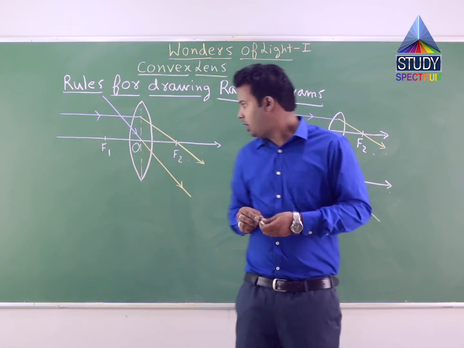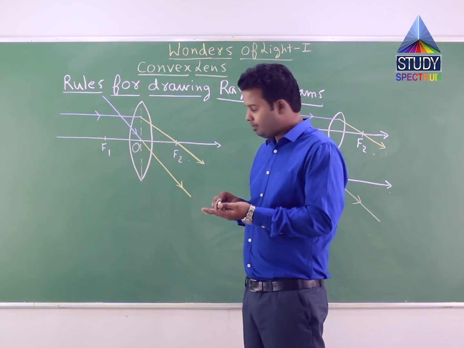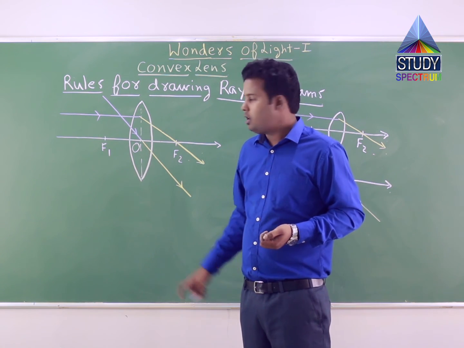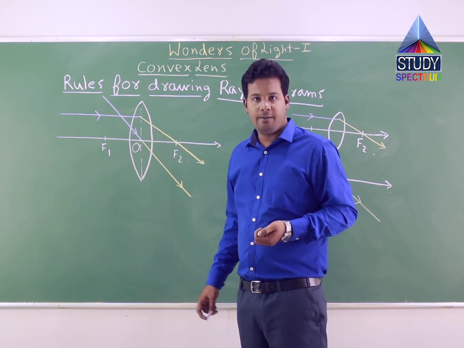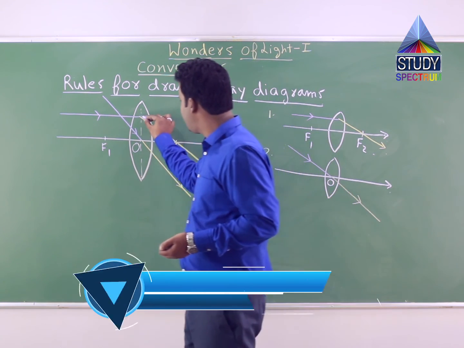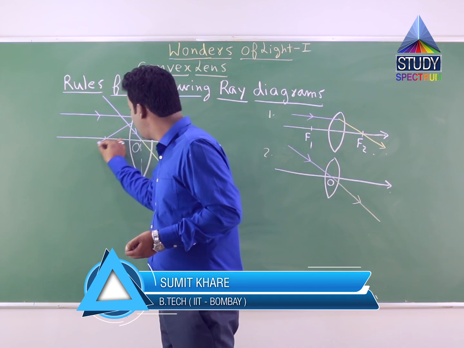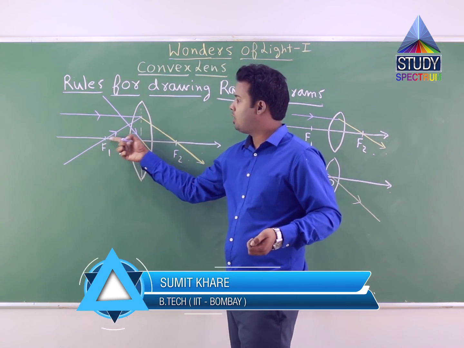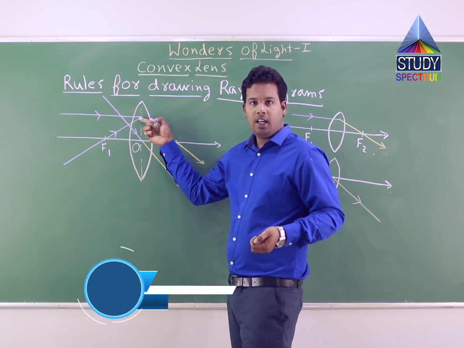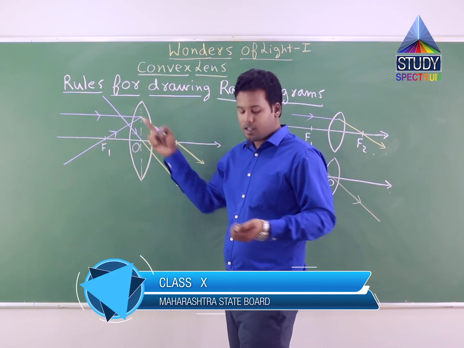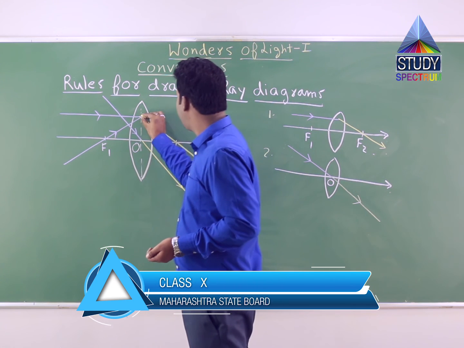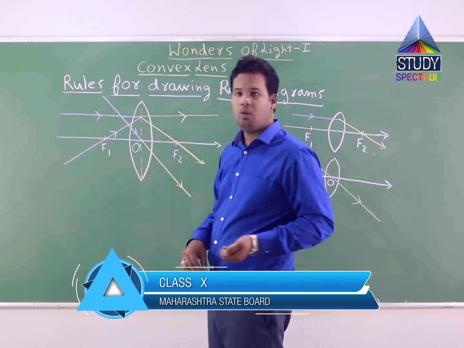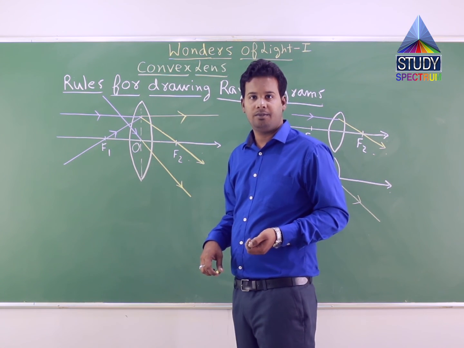Okay. Now rule number 3 says, if the incident ray is passing through focus point F1, then after refraction, this refracted ray will be parallel to the principal axis.